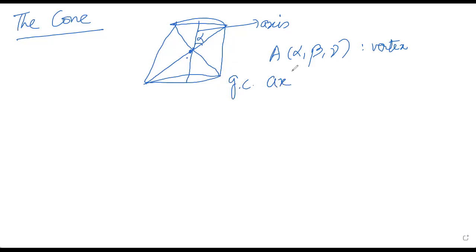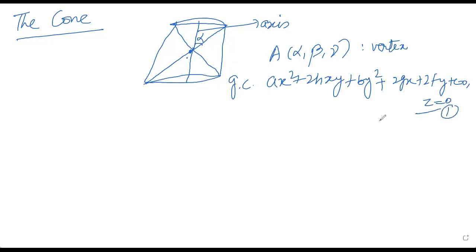Suppose it is given by the general equation ax square plus 2hxy plus by square plus 2gx plus 2fy plus c is equal to 0 and z is equal to 0. This is the equation of the guiding curve, which I was considering as number 1.